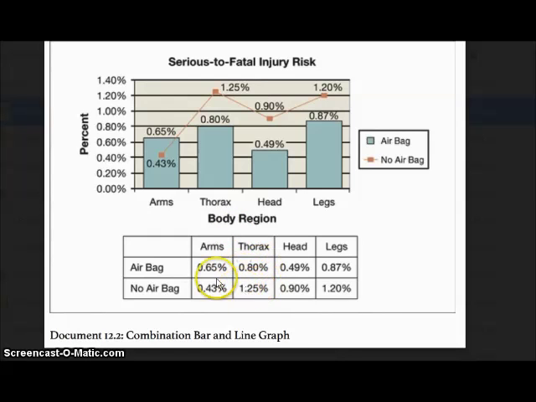However, again, this table is representing that as well. But a bar chart with the double bar graph might be more useful because it can more easily show the visual difference between the two. So imagine for the head, you have this airbag statistic here, and then imagine we had another bar that extended up here that was maybe this pink color.